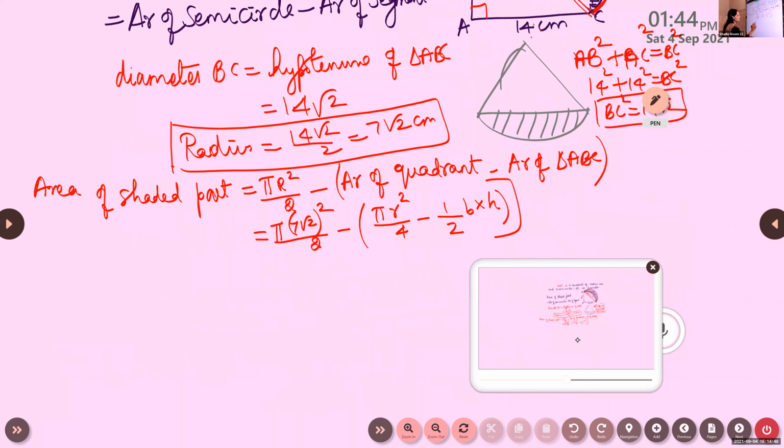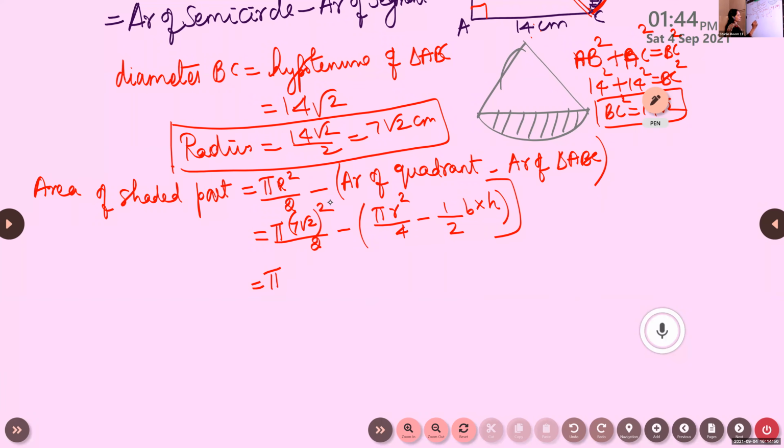So that is equivalent to pi into 7 root 2 the whole square, which is 49 into 2, by 2, minus pi into r square by 4, where r is the radius of the quadrant, given as 14. Pi into 14 square by 4. Minus of minus becomes plus, half into 14 into 14. Here 2 will get cancelled.